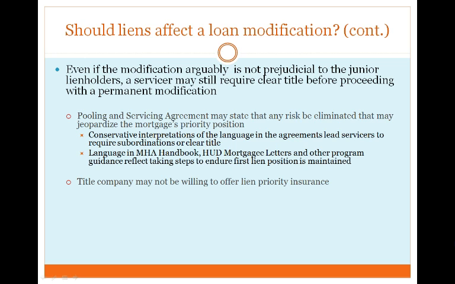And actually, HUD can reimburse the cost of the title and an endorsement under these insurance policies. So if they're unable to get this for some reason, they're going to come back and ask you to provide clear title, and that may be why, even if you believe that this modification is not prejudicial to junior lien holders and should not be an issue, you may still receive this feedback from the servicers.